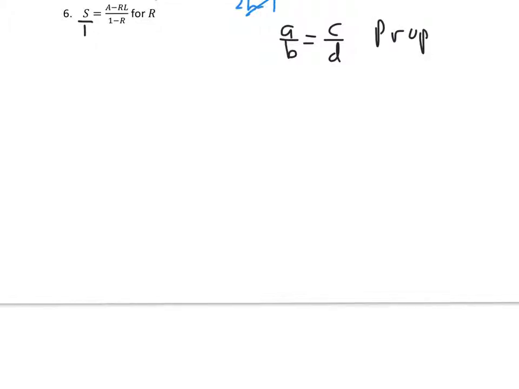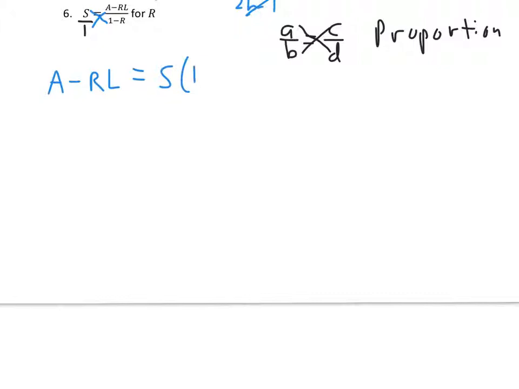That's a special type of equation. Whenever you have a proportion like that, usually the easiest way of eliminating the fractions is doing what we call cross multiply. So to cross multiply in this one, we would multiply the 1 times the a minus rl, which is just a minus rl, because 1 times anything is itself, and that would be equal to s times 1 minus r.